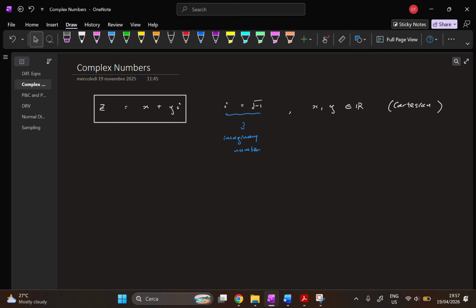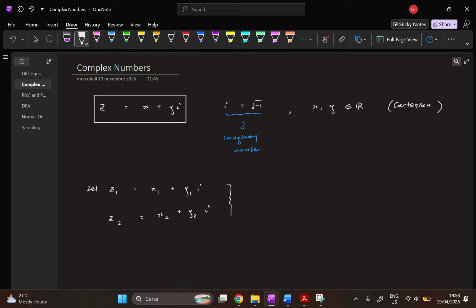And you also need to know how to tell if two complex numbers are equal. So in general, there's a very important property pertaining to the equality of a complex number. Let's say we let a complex number z1 be x1 plus y1i, and let a second complex number z2 be equal to x2 plus y2i.